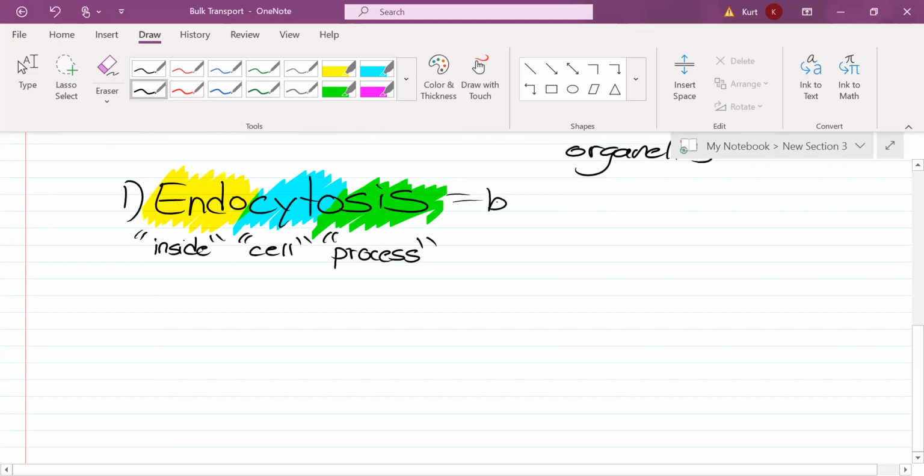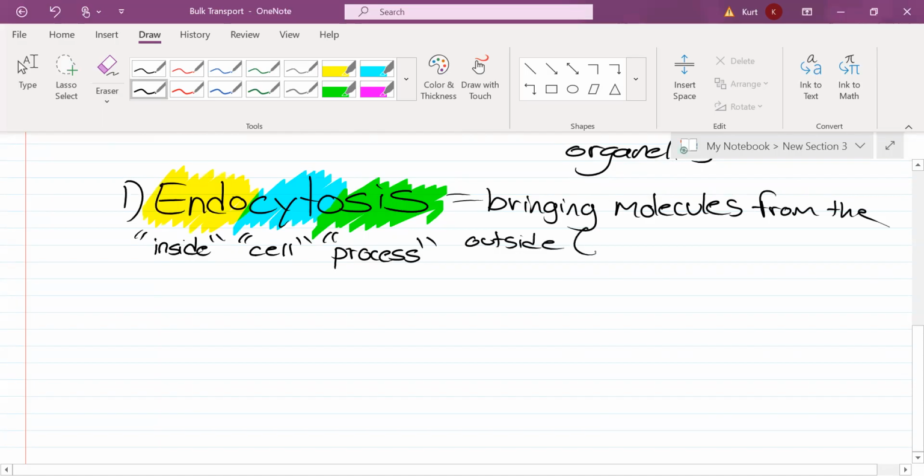This is all about bringing molecules from the outside. What do you call the outside of the cell? What is that area called? Beyond the cell. It's like extraterrestrial is beyond the Earth. What is beyond the cell?